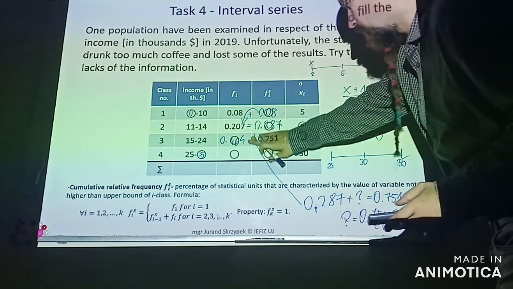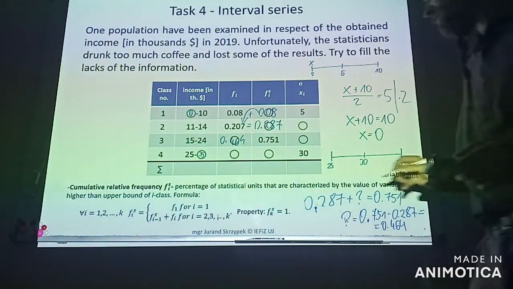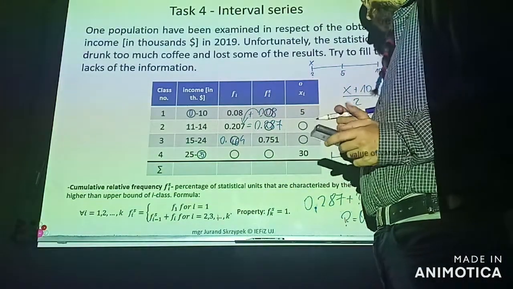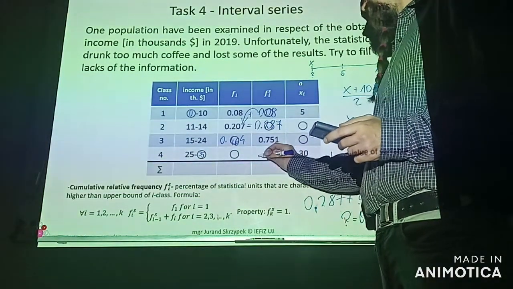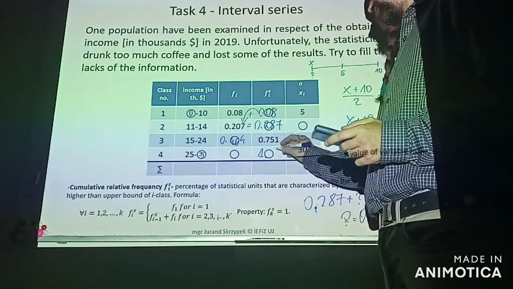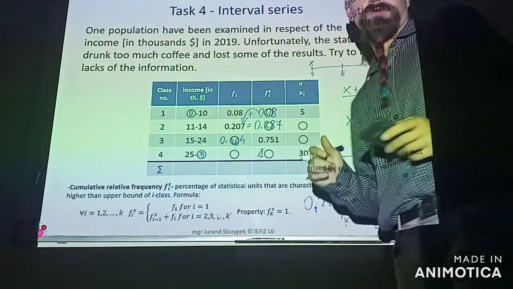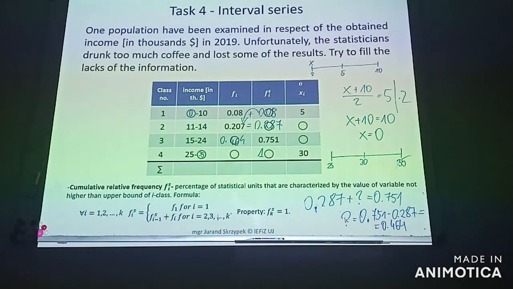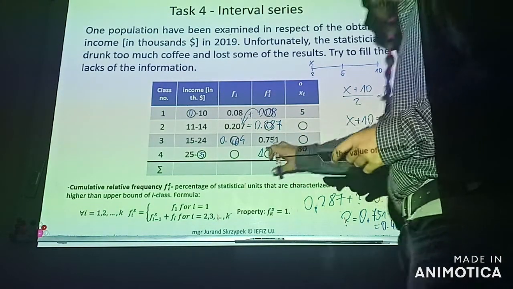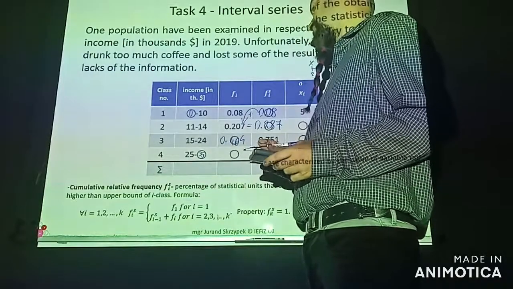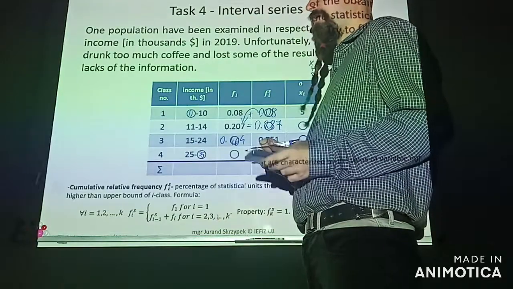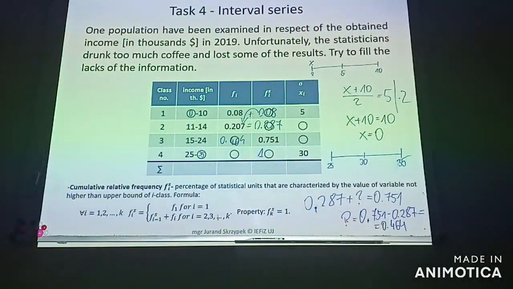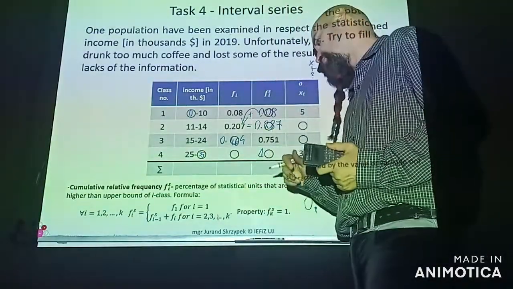And the last riddle, yes, focus on the last relative cumulative frequency. From the theory we know that this value is always equal to 1, because 100% of people are characterized by income not higher than $35,000.